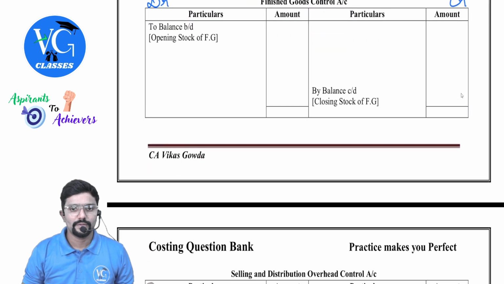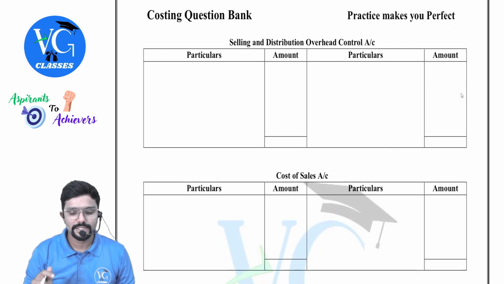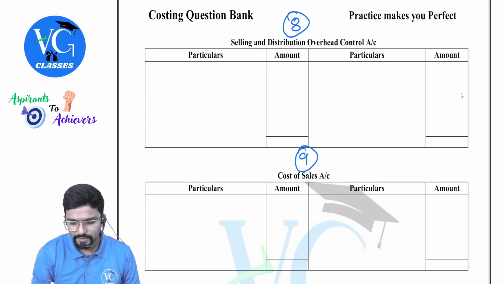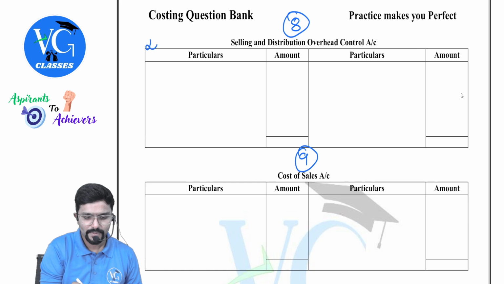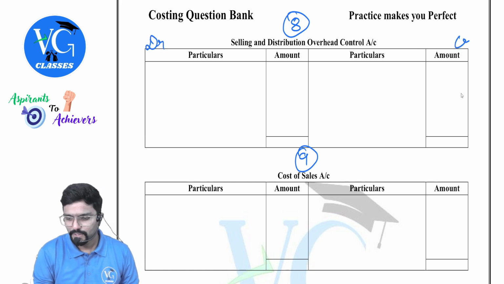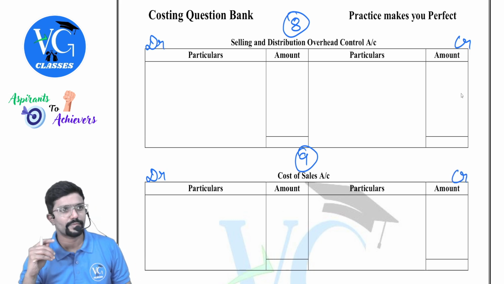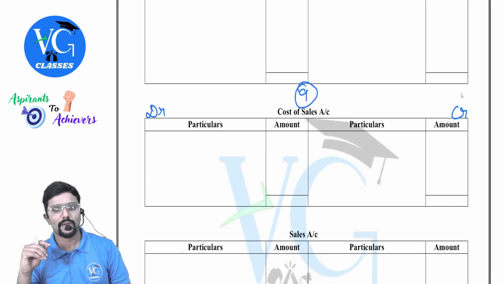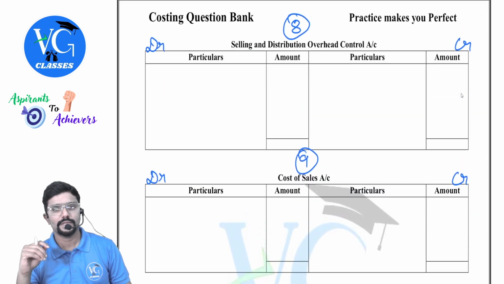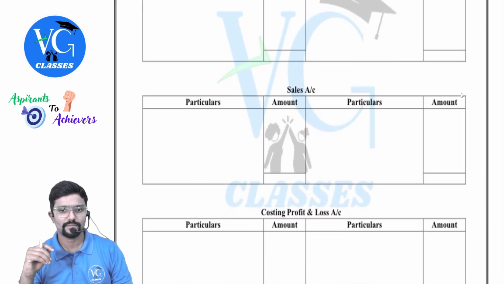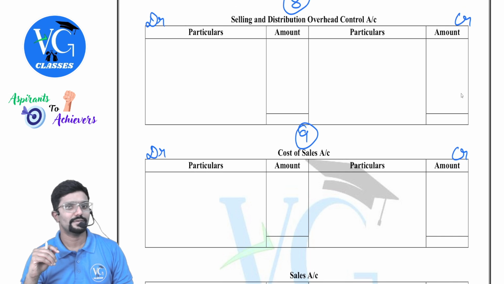Next, we'll move to selling and distribution, cost of sales. Selling and distribution, cost of sales. Next is sales. I forgot.